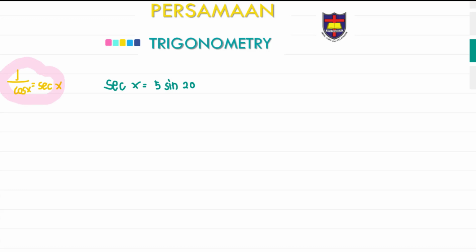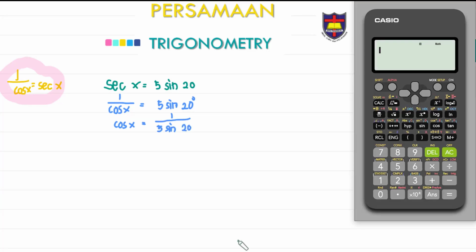Then we will have 1 over cos x is 5 sin 20. Then the value of cos x will be 1 over 5 sin 20. So let's calculate 1 over 5 sin 20. Here, just type 1 divided by 5 times sin 20.